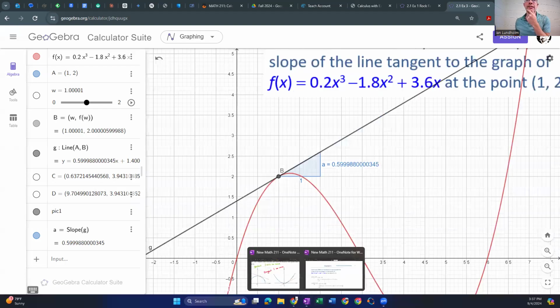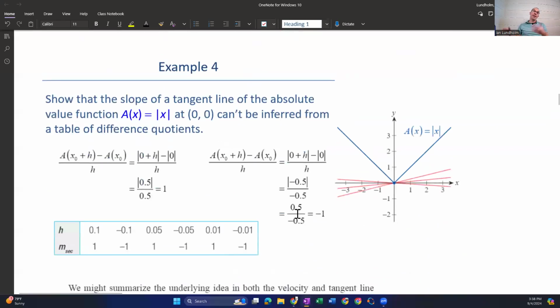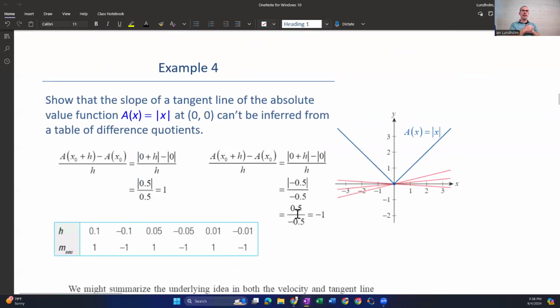Let's keep going. Example 4 is an instance where we can't really use these secant lines to get a good approximation of the slope at a point.